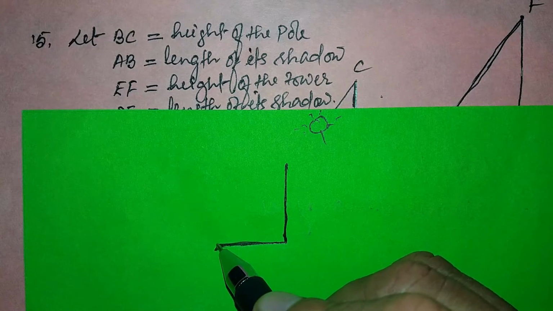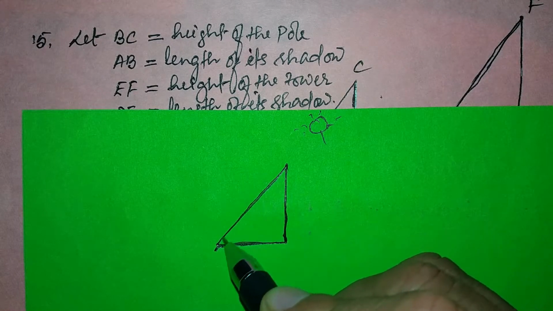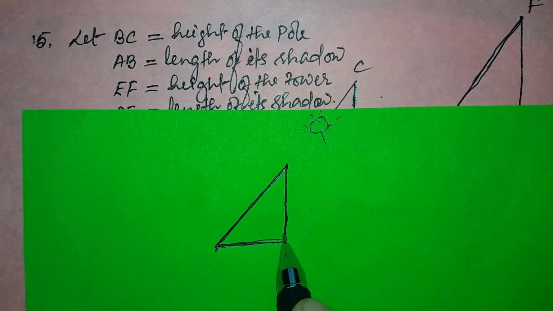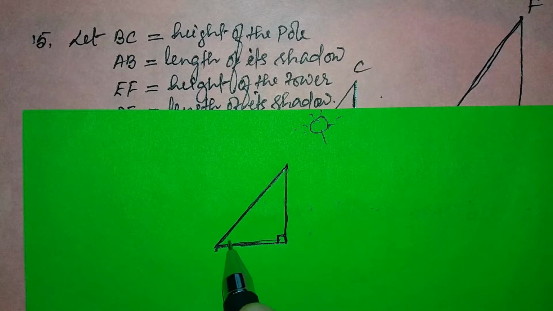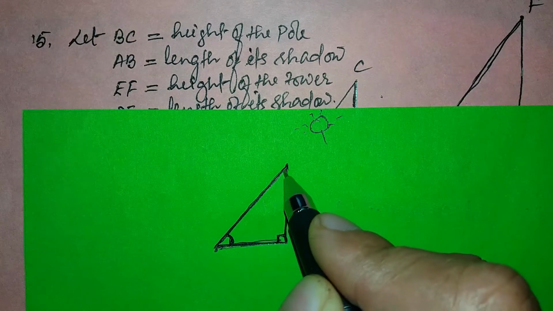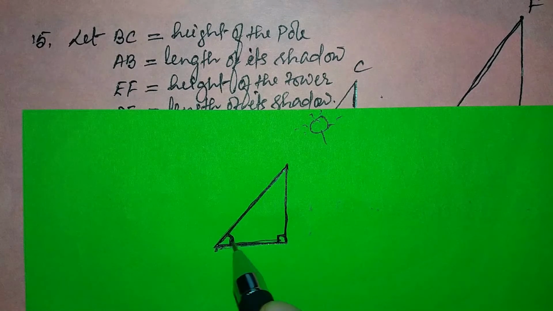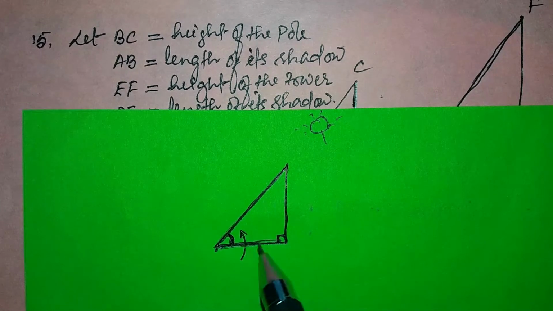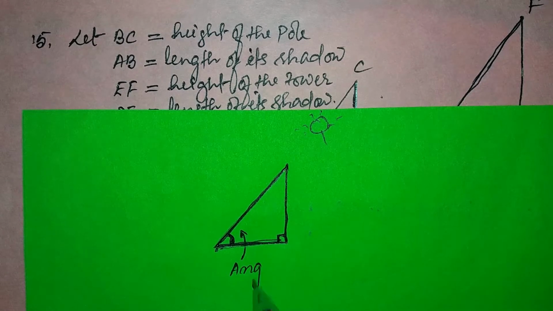Now if we complete the triangle, we will get it like this. This is 90 degree, and the angle made by this shadow on the ground and this line here is called the angular elevation of the sun.